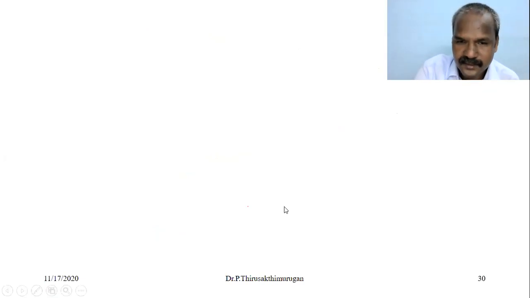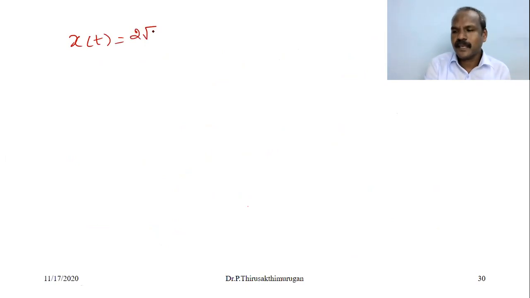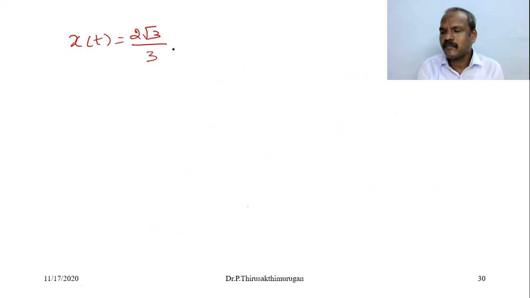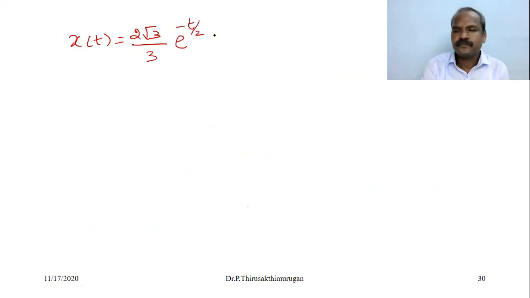Okay, let us continue. So the solution of the equation is x of t equal to 2 root 3 by 3 into e power minus t by 2 cos of root 3 by 2 t plus 120 degree.